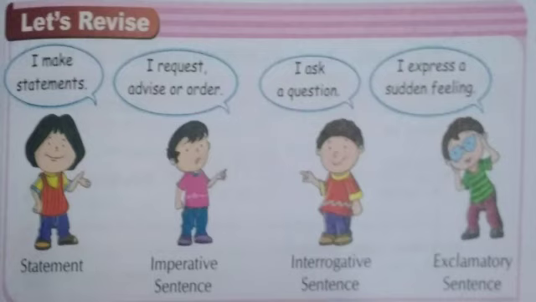So you must remember, a simple statement is called a statement sentence. When we request, order or advise, that is an imperative sentence. When we ask something, that is an interrogative sentence, and when we have a sudden, strong emotion, that is an exclamatory sentence. So these were the kinds of sentences.